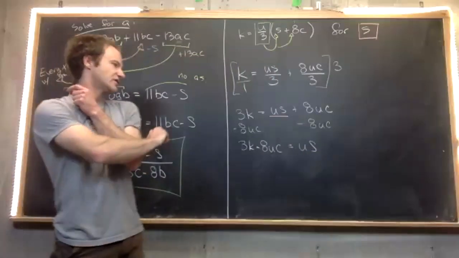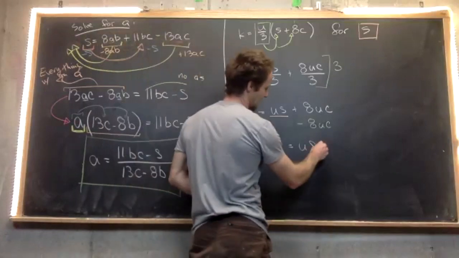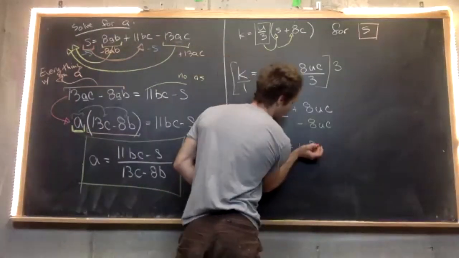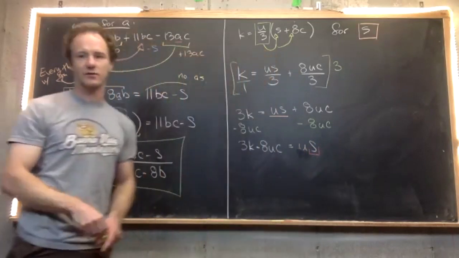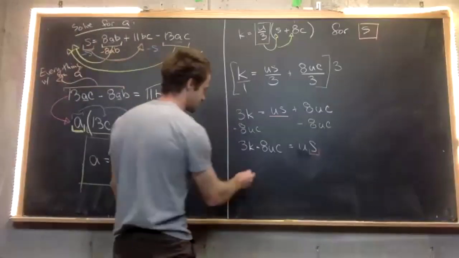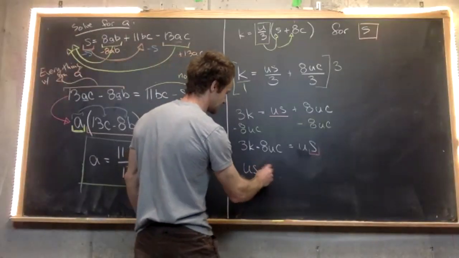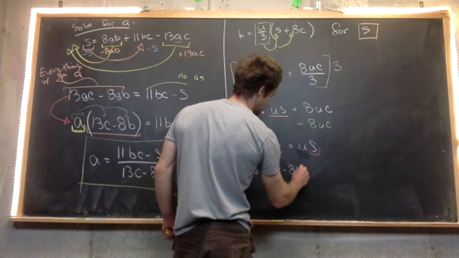Now, generally, it's a little bit more standard to have the thing that you're trying to solve for, in this case, s, on the left-hand side of the equation instead of the right-hand side. But, you know, we can just flip that, right? So this is going to be the same thing as u times s equals 3k minus 8uc.